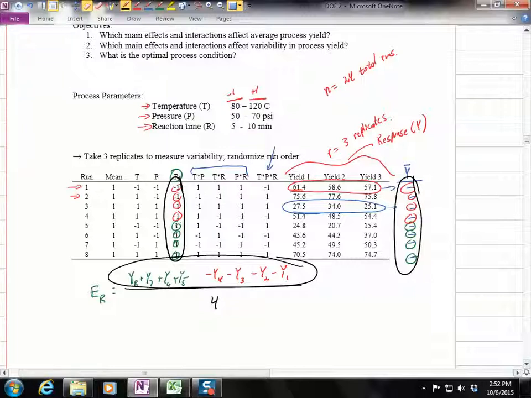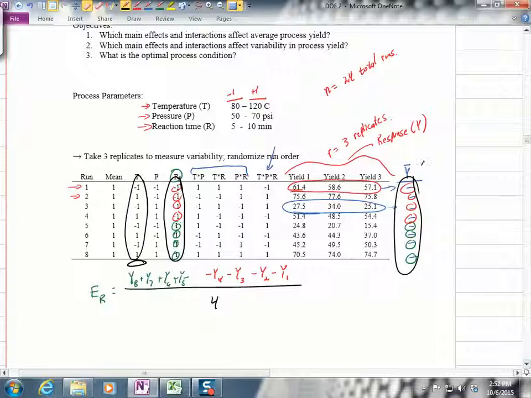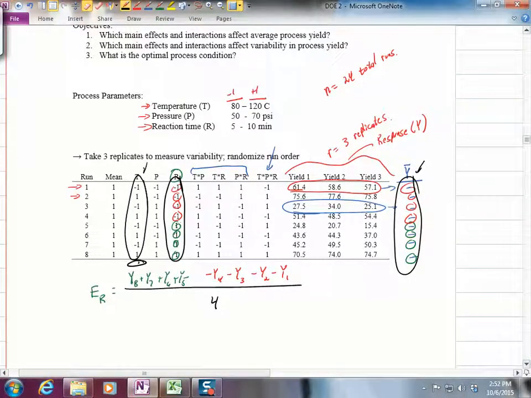If we recognize that, it's pretty straightforward, because in Excel, if we find the function that does the dot product, we could type it in at the bottom of the column, dot that column into this one, and that gives me the numerator. I divide by 4, and I've got the effect.